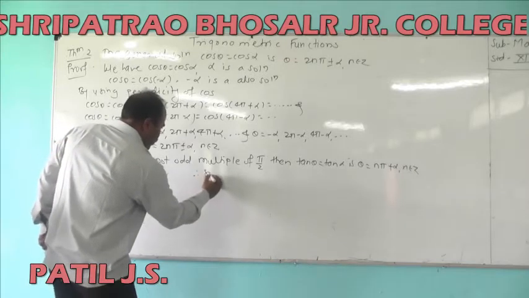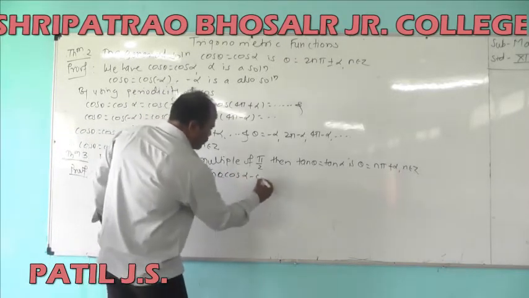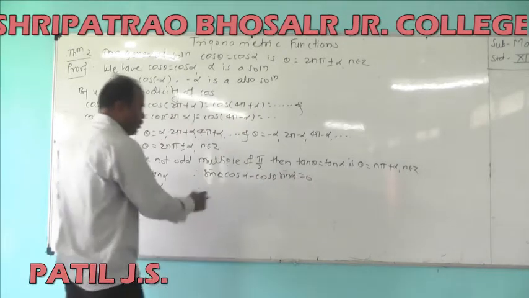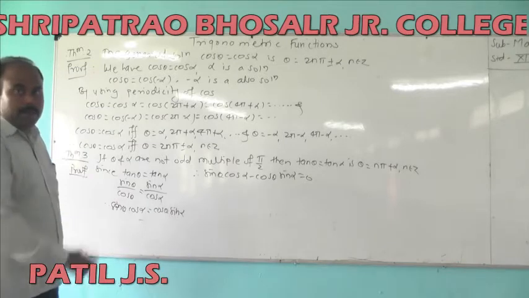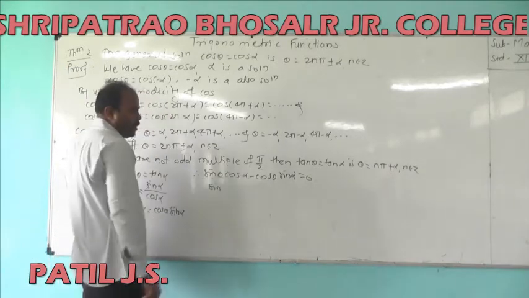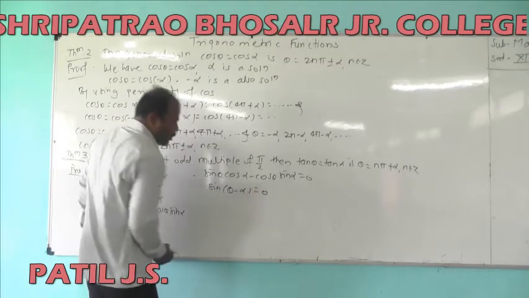Next step is therefore sin theta cos alpha minus cos theta sin alpha is equal to 0. This is the compound angle formula: sin A cos B minus cos A sin B, that is sin(theta minus alpha) is equal to 0.